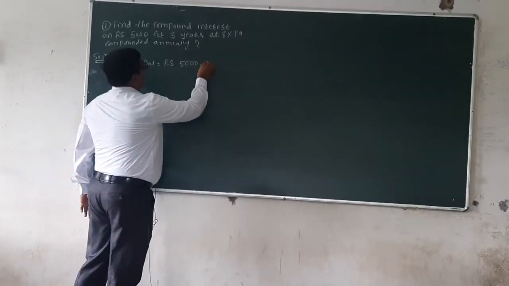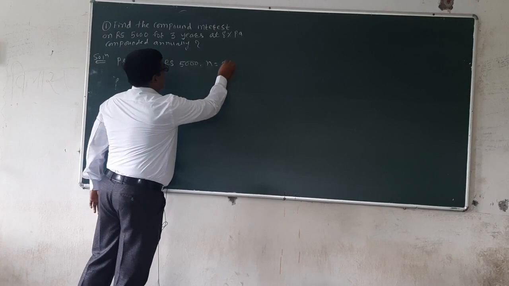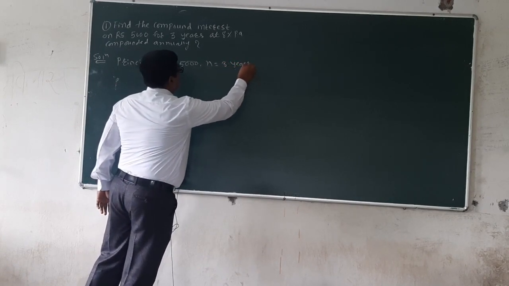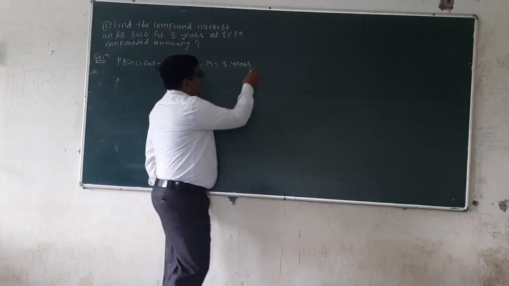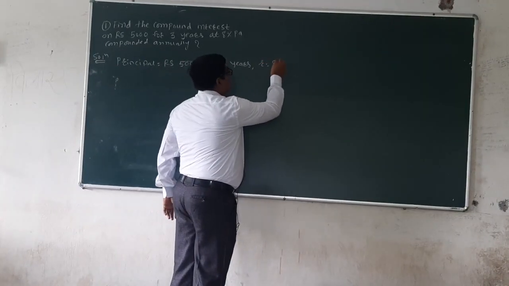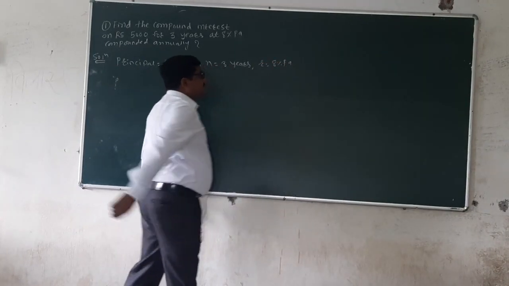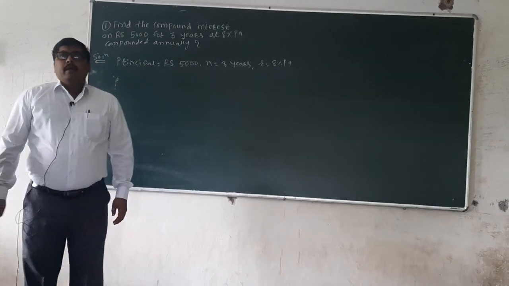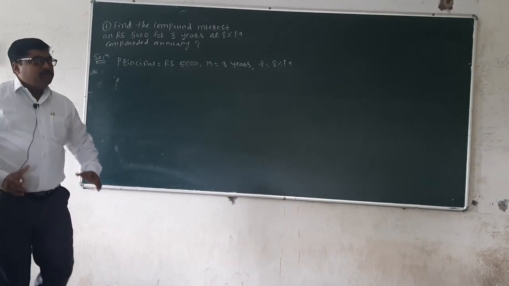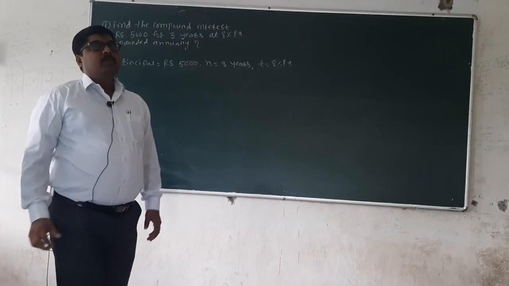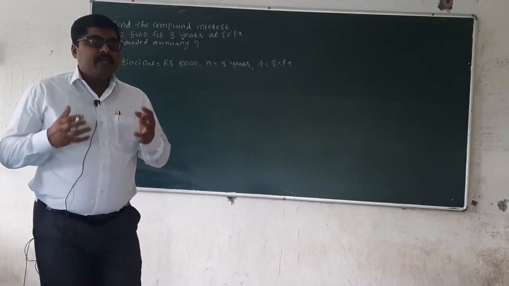N is given, 3 years, and next R is given, 8% per annum. So now, by using the simple interest, how will compound interest be formed?